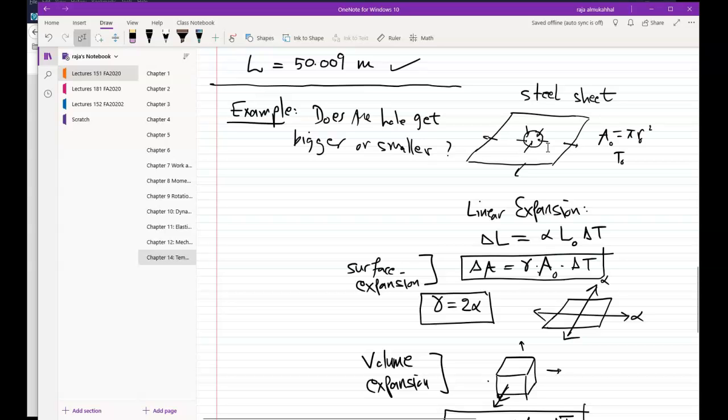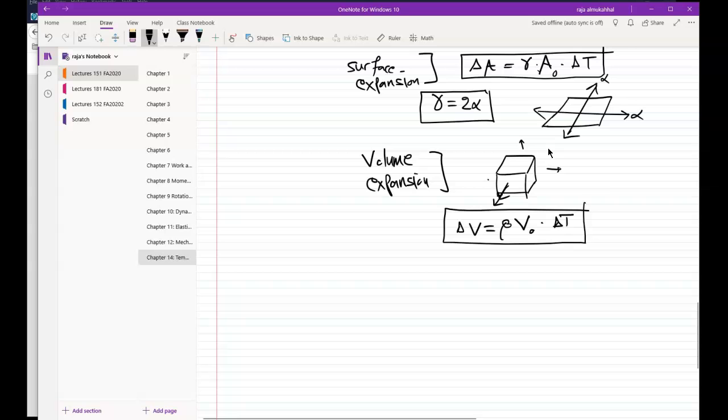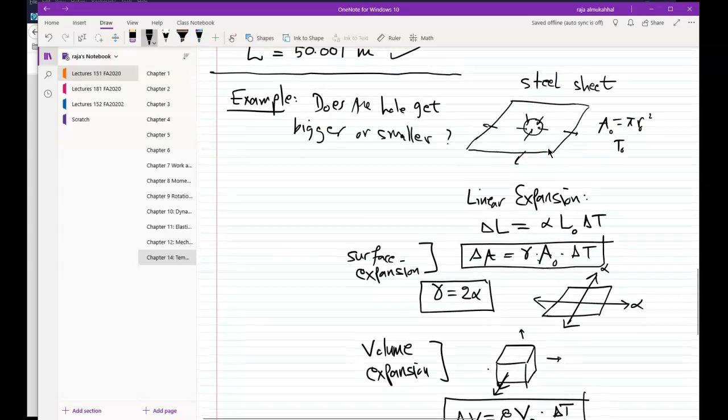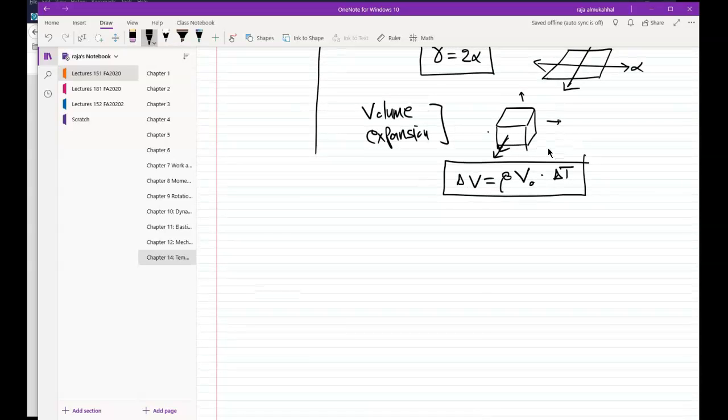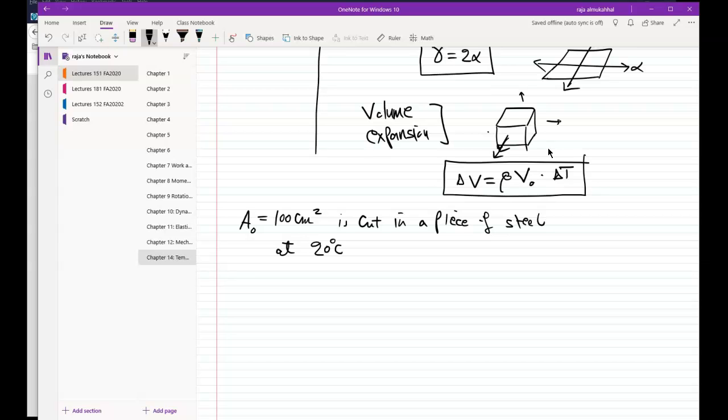Okay, so how do we do it? Let me just skip all of that and come here. So he says, let's say that the area A naught is 100 centimeters squared, cut in a piece of steel at 20 degrees Celsius.